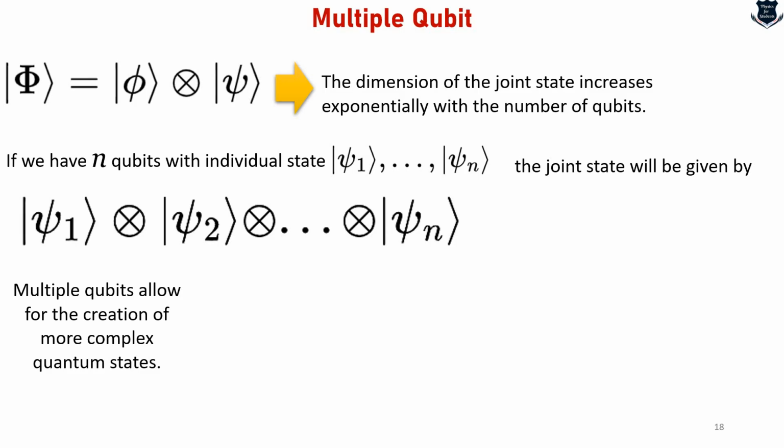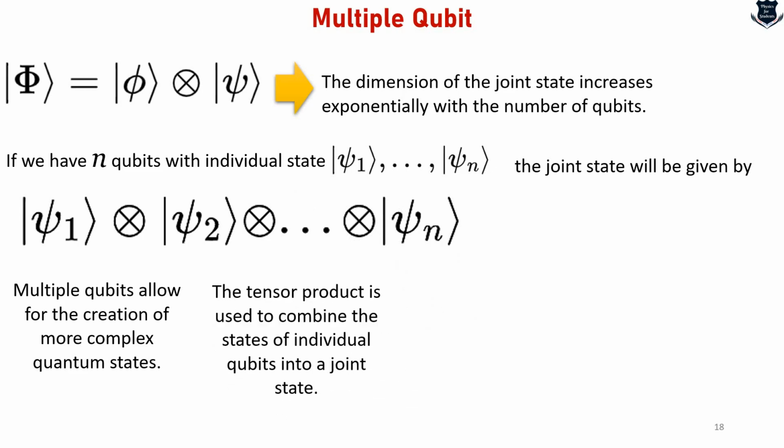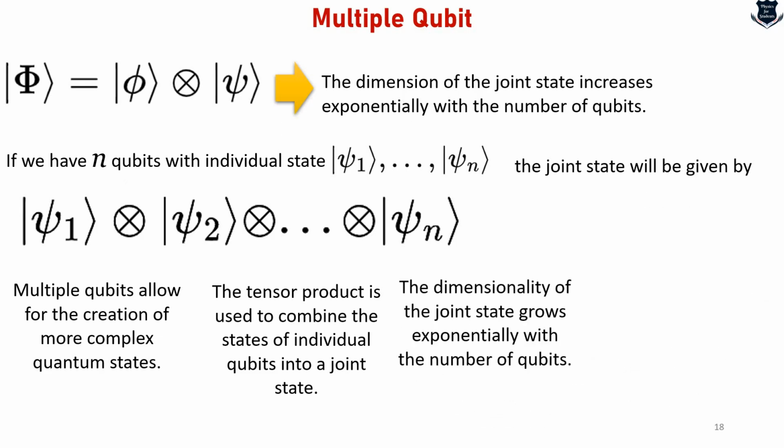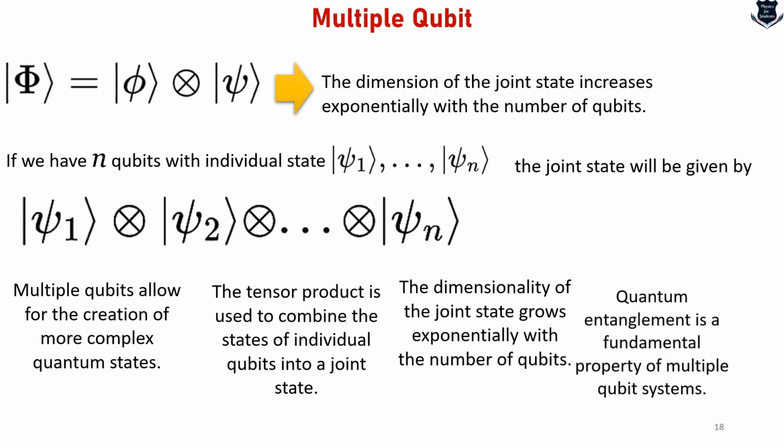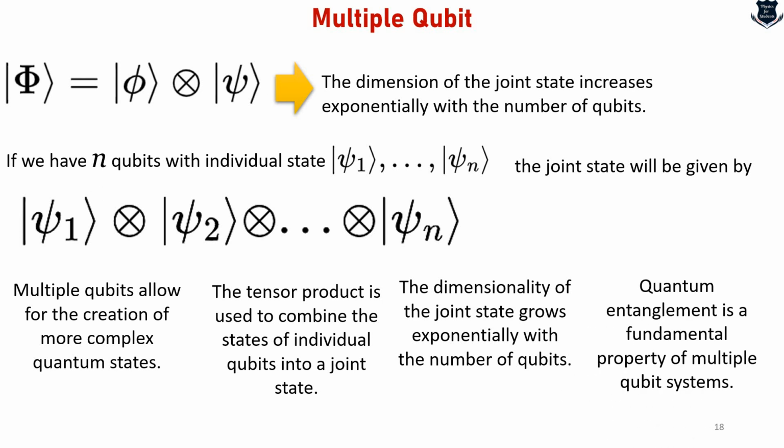Also, the tensor product is used to combine the states and create the joint state that we have seen. The dimensionality of the joint state, which is very important, grows exponentially with the number of qubits, and last but not the least, quantum entanglement, which is now being used for cryptocurrency, data security, etc., is a fundamental property of multiple qubit systems.